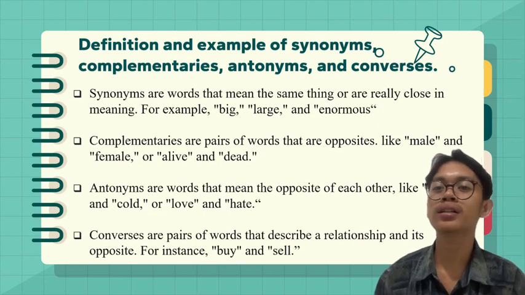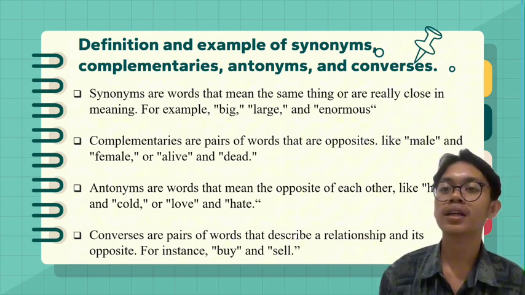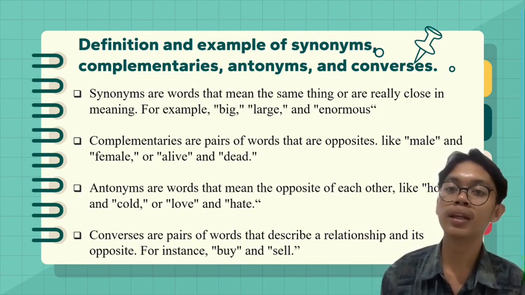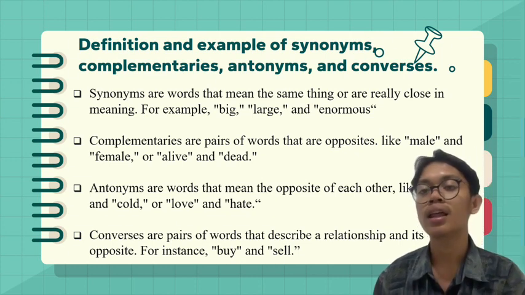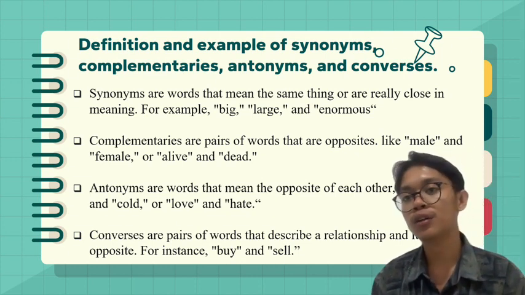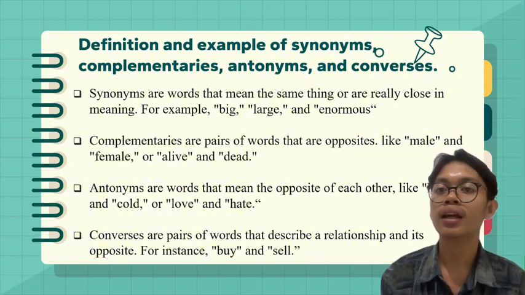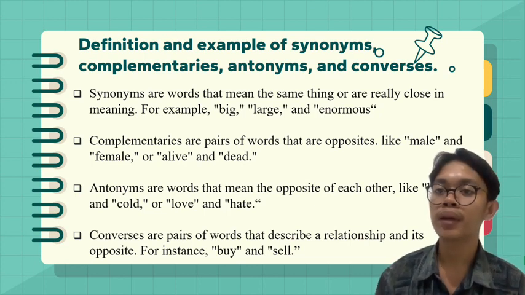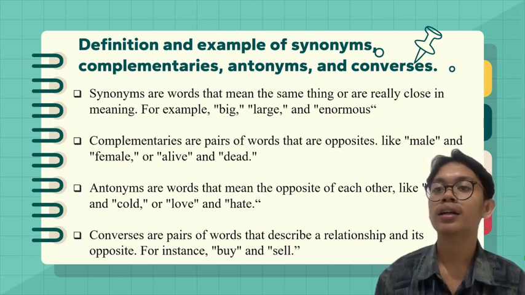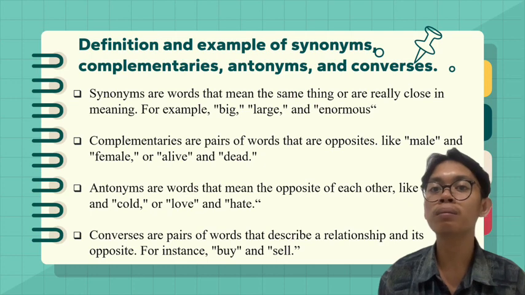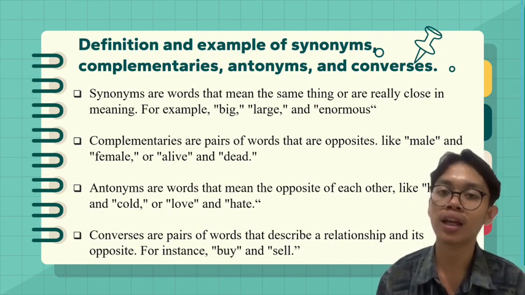Synonyms are words that have the same or very similar meanings in a given context. They can substitute for one another without significantly altering the meaning of the sentence. For example, big, large, and enormous all mean pretty much the same thing.